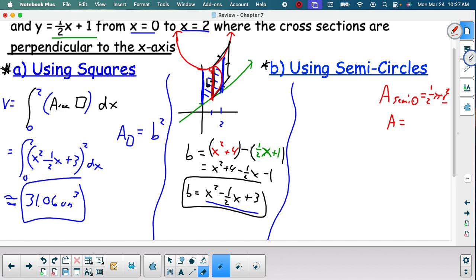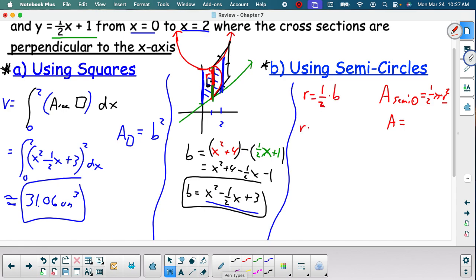And so the key here is I need to find the radius. If I go back to this picture, and I've been drawing too many times on this so it's hard to see, if my base is this distance going up and down, the radius is just half of this. So my radius is going to be half of my base.